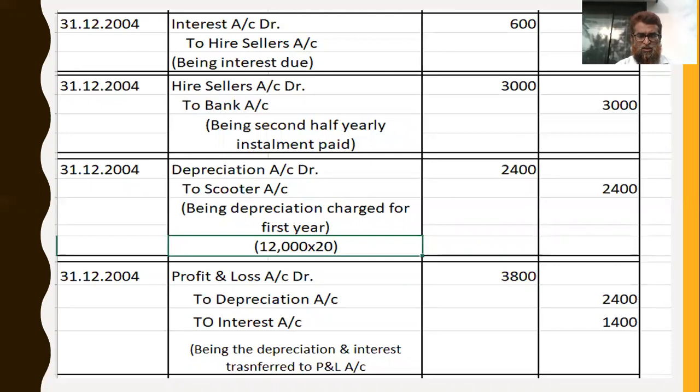Now the last entry in this first year is on the second installment, profit and loss account debit to depreciation account and interest account. This is transferring the depreciation and interest to profit and loss account. Depreciation amount 2,400, interest amount of 2 installments 1,400. So totally will be 3,800.